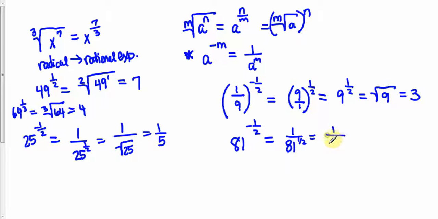So that's 1 over the square root of 81, and the square root of 81 is 9. Any questions on any of that so far? Okay.